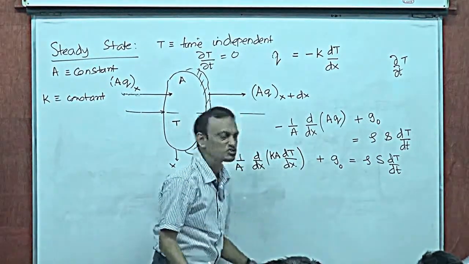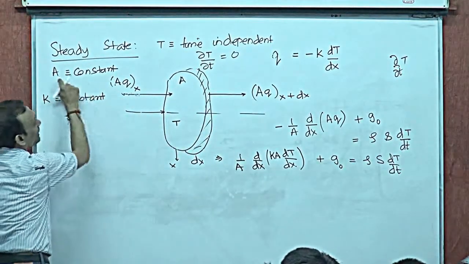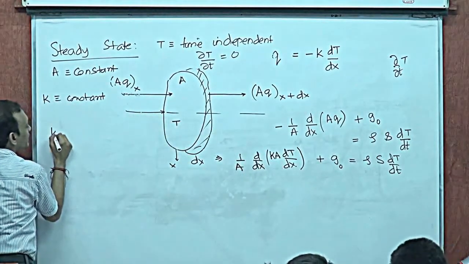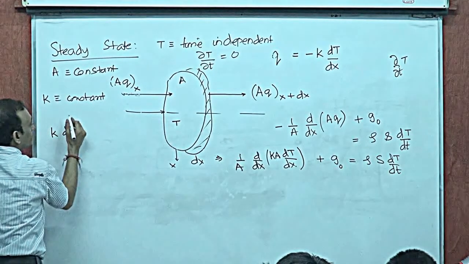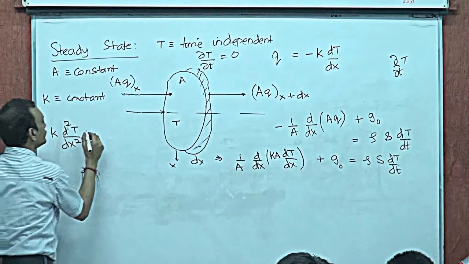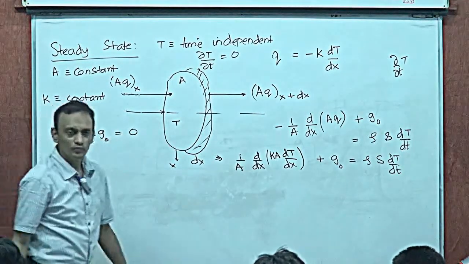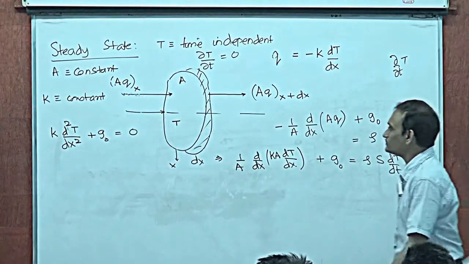But now special cases of this, when K is a constant, A is a constant, this A would cancel this A, and then we have K times d2T dx2 plus g naught is 0, since the right hand side would become 0.